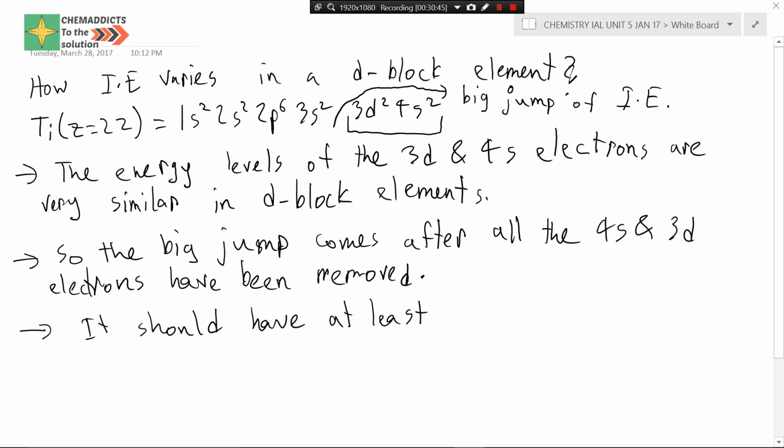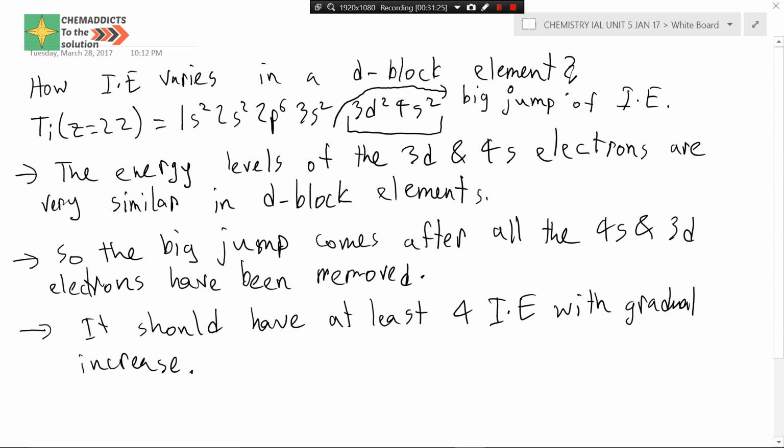That was the last part of this concept. So for an element to be a transition metal, it should have at least 4 ionization energies with gradual increase.